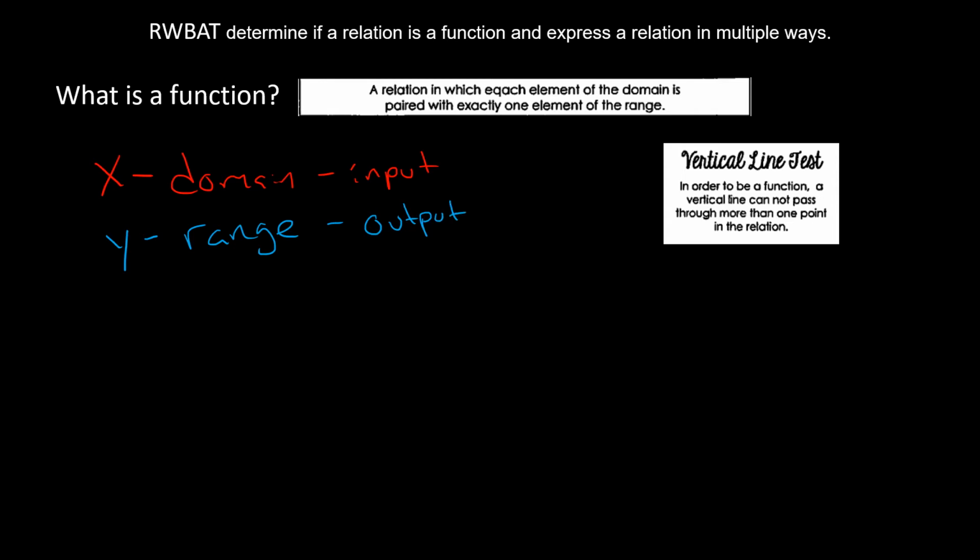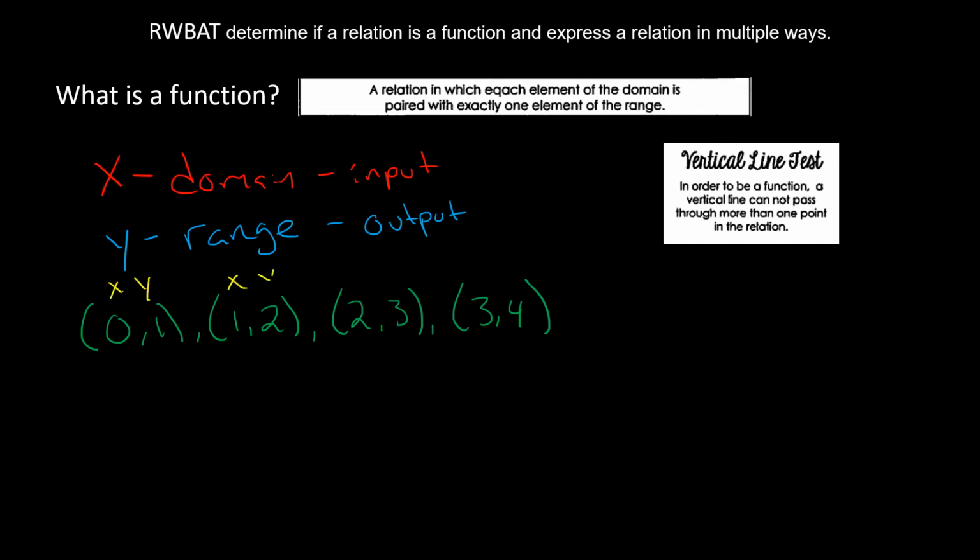So when we discuss the situations where the x values only have one y value, we could discuss a situation like (0, 1), (1, 2), (2, 3), and (3, 4). We have these points. What I'm going to want you guys to do on a daily basis, anytime you see points like this, just to help frame our mind, is label our points: x, y, x, y, x, y, x, y.